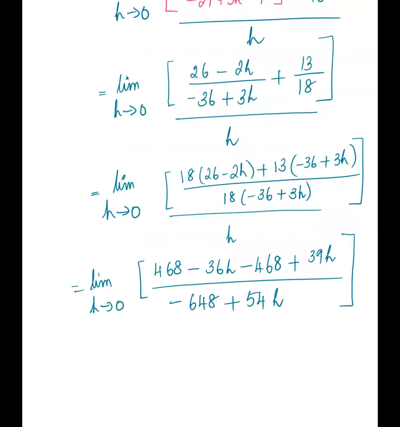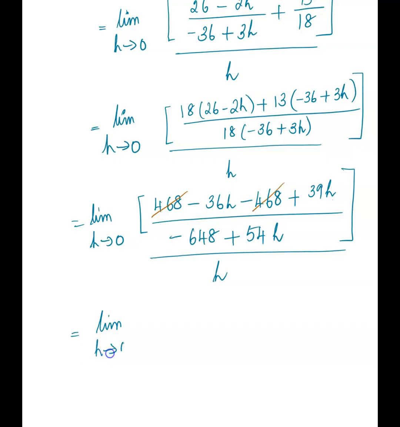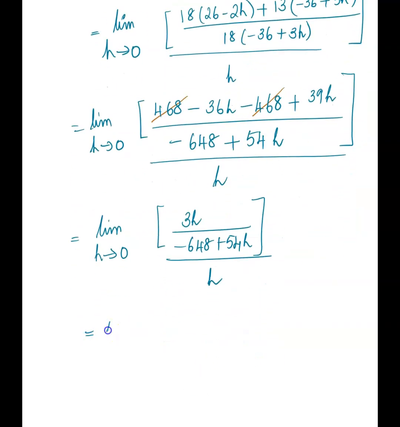When I computed this, I got this expression, and right there I feel very confident because 468 and negative 468 will cancel off, and I can see that I can pull out an h there. Then we can come back to checking out the denominator. Now remember to flip the denominator.